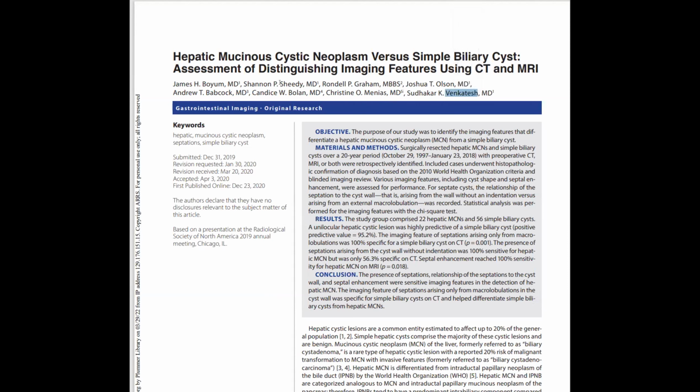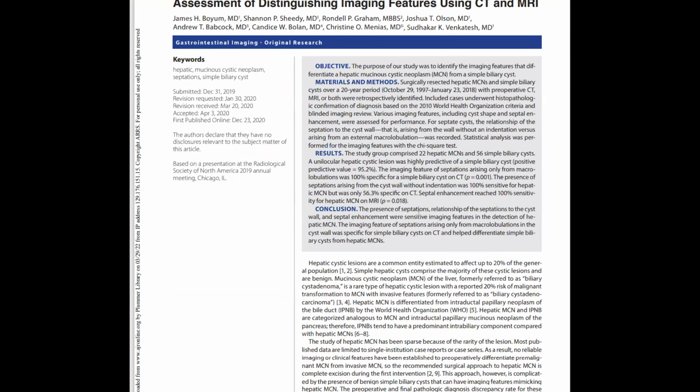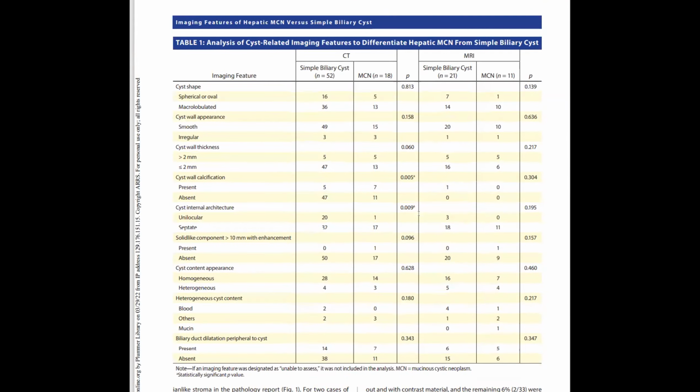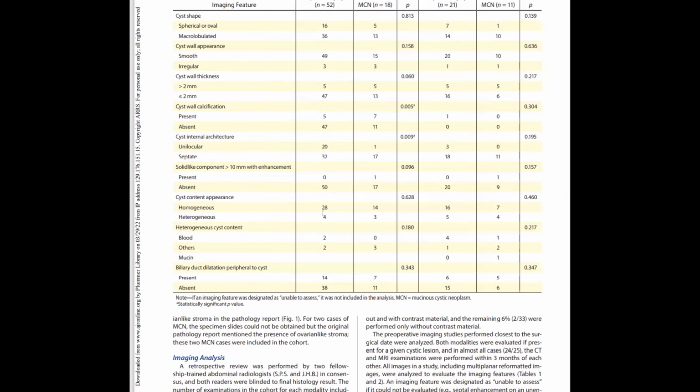Sudarka, and it was a Mayo multi-site study, and they had surgical pathology with the imaging findings. So they separated MCNs from biliary cysts in the liver, and as I mentioned, has surgical path. And so laterality was not one of those things that panned out to be anything. So even though we're taught there's a certain sidedness, it's not actually the case.